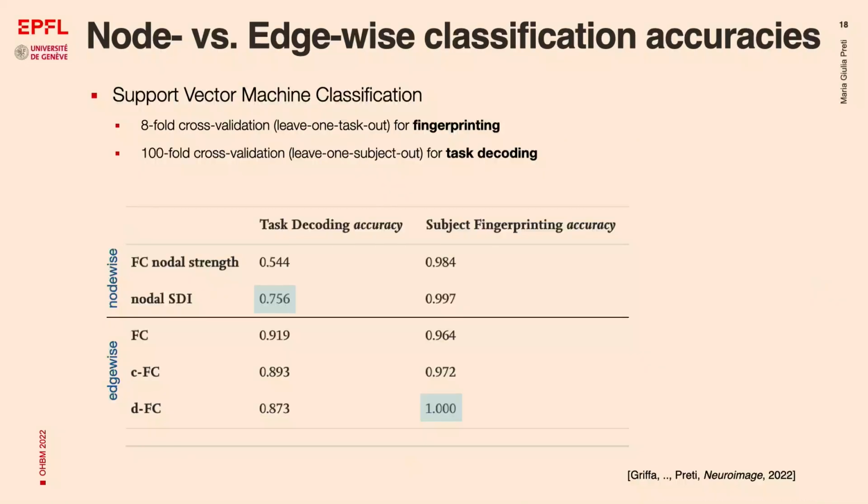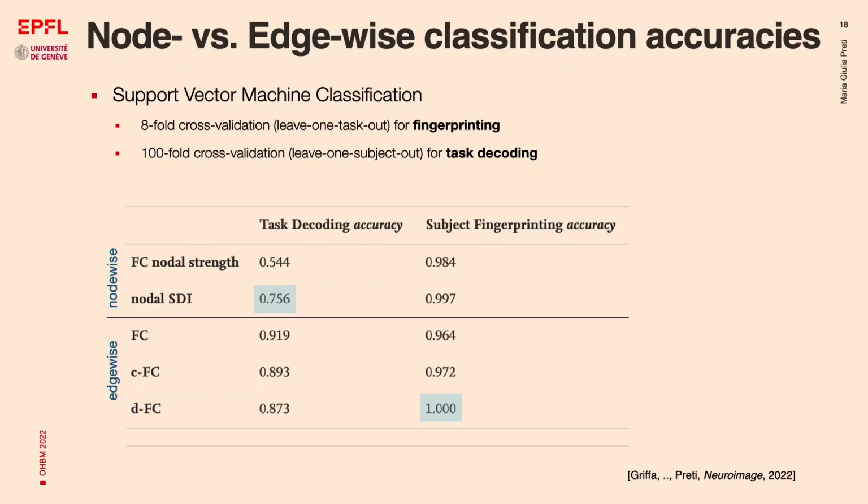So here are the results. For accuracies for classification, we adopted a support vector machine classification with different cross-validation settings depending on whether it was for fingerprinting or task decoding. Accuracies are very high. What we can notice is that for task decoding, at the nodal level, we tested these 5 measures, both the edgewise and node-wise structure function coupling measures, but we also wanted to compare with functional activity, basically functional connectivity.